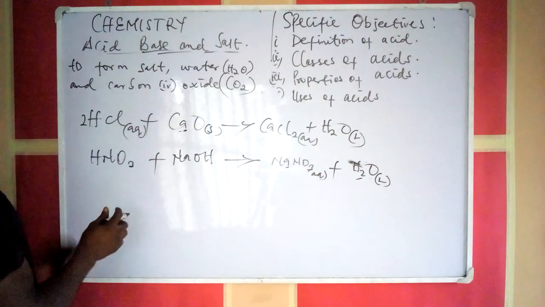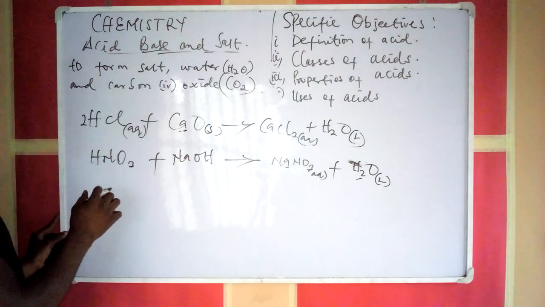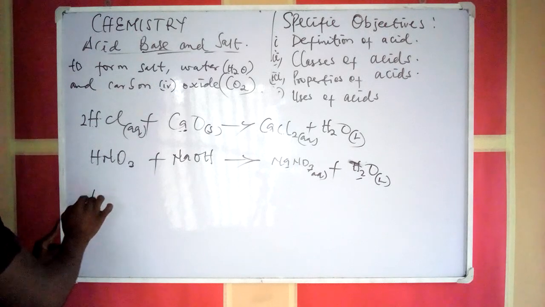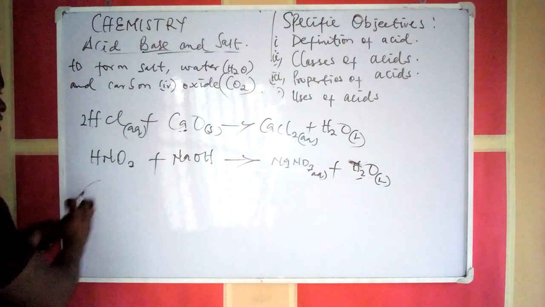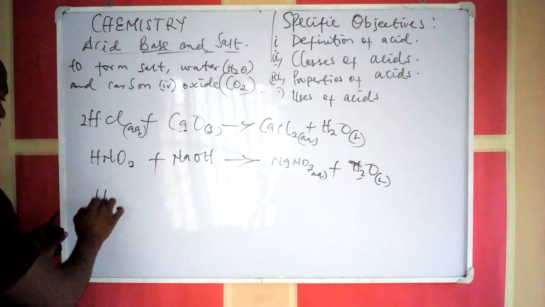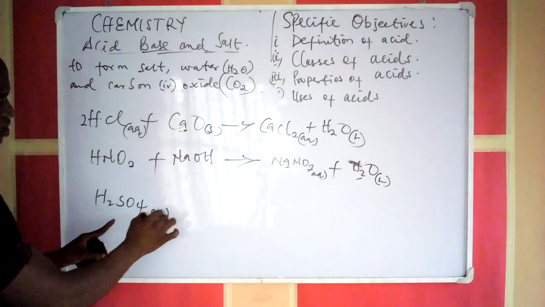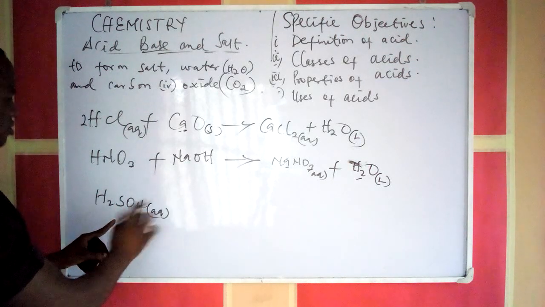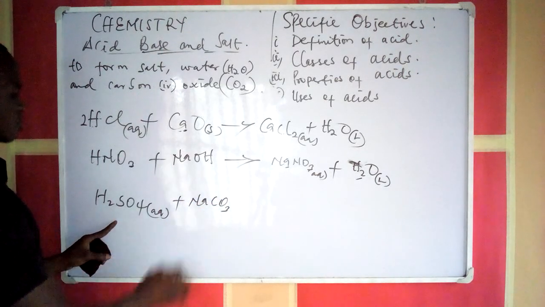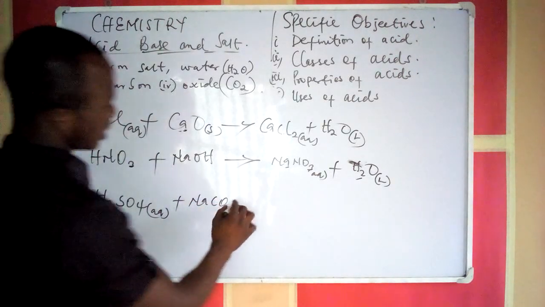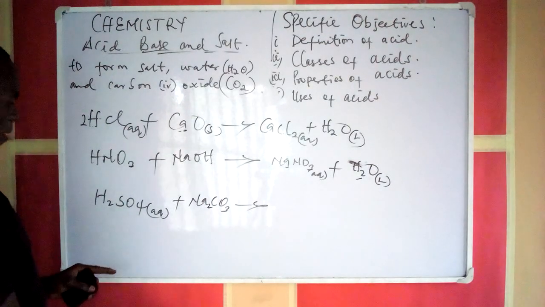Okay, now I have sodium trioxocarbonate. Let me write the acid first. H2SO4, which is tetraoxosulfate(VI) acid, reacting with sodium trioxocarbonate to give us, definitely this is 2, okay.